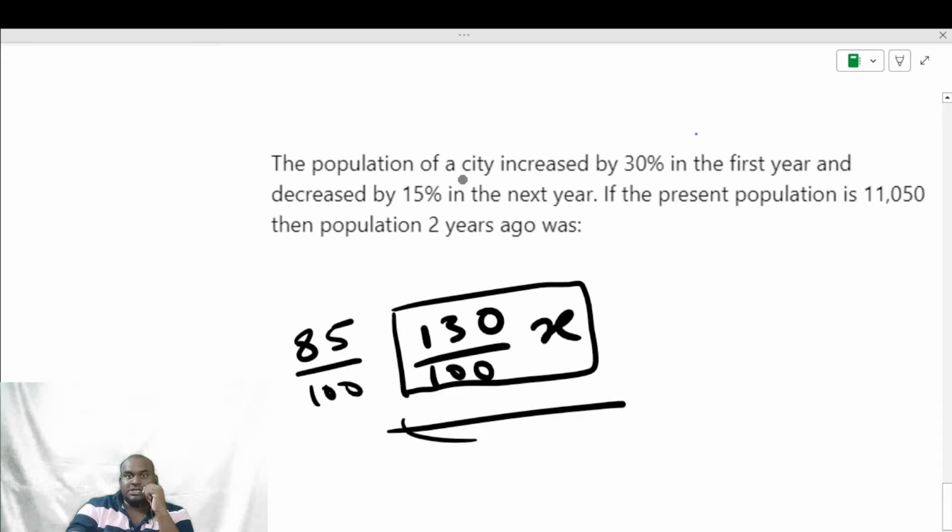Decreased by 15 means it became 85, so you multiply the whole thing by 85 by 100, because it decreased by 15. So 85 by 100 into the increased value.